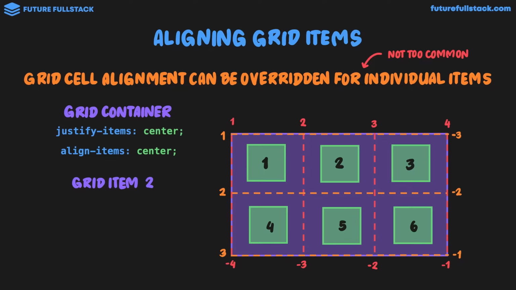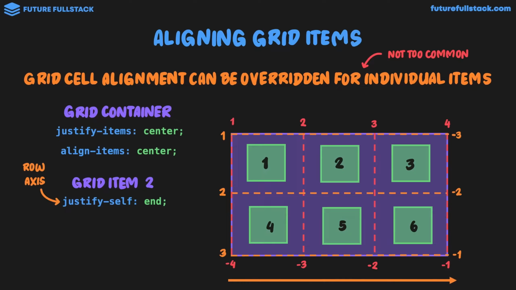The first property is justify-self with the value of end, and what this does is aligns just grid item 2 along the row axis, overriding the justify-items center applied onto the entire grid container. So focus your attention on grid item 2, and you'll see it moves to the end of the grid cell along the row axis.